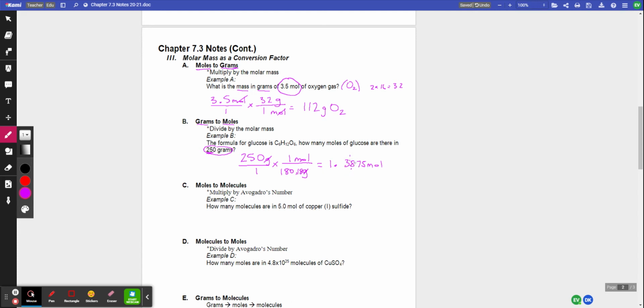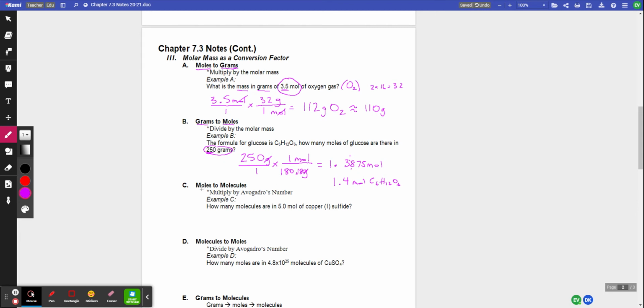Since the 8 is greater than 5, that means we're going to round up to 1.4 moles of glucose. Okay, and we did not round this one off. This one should be rounded to 2 sig figs as well, since we started with 2. That is approximately 110 grams.